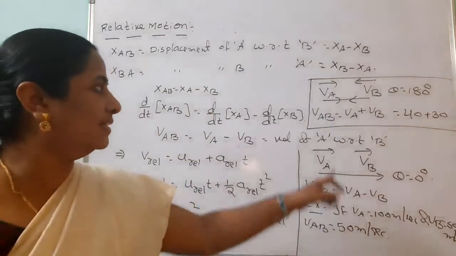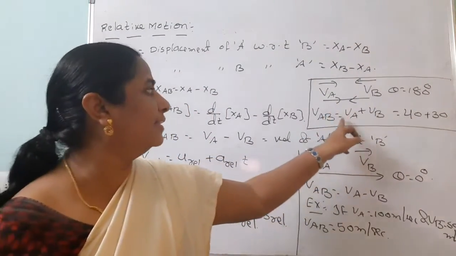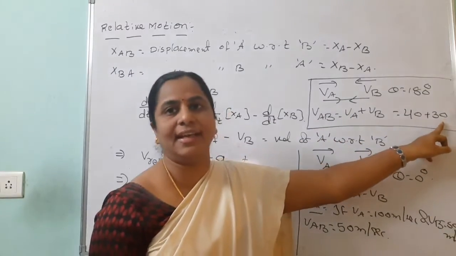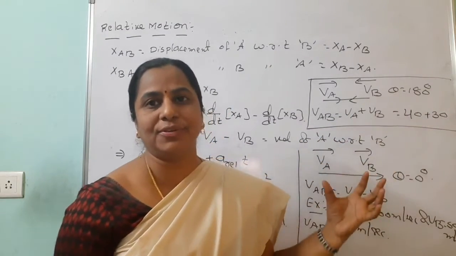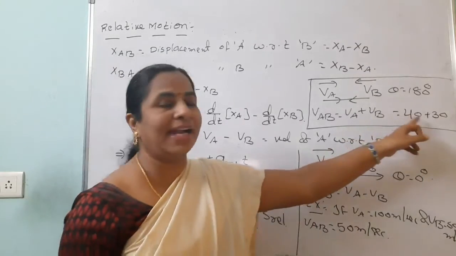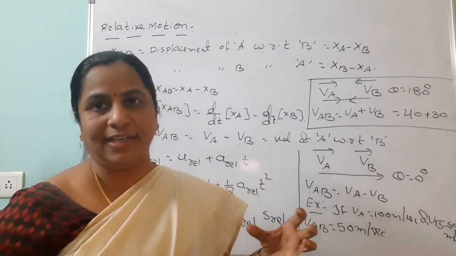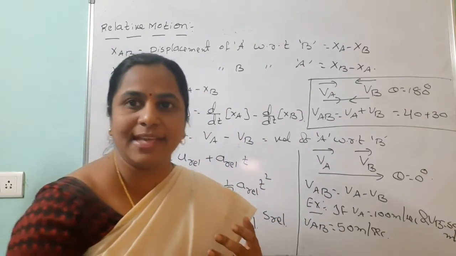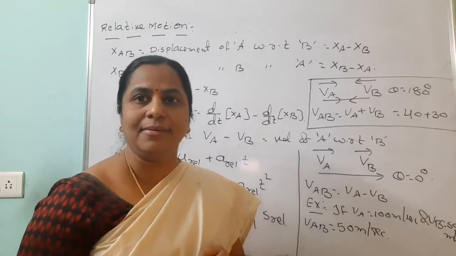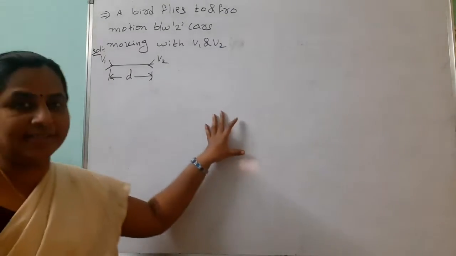In this case, the relative velocity of train A with respect to B is 70 kmph. If we want the relative velocity of B with respect to A, it is minus 70. The sign changes here. So approach means we take plus, and both moving in the same direction means we take minus. Two examples of relative velocity we discussed here.